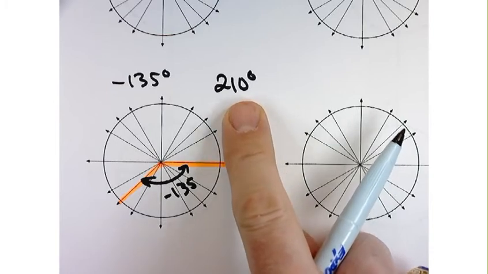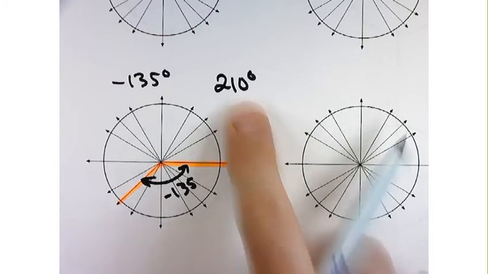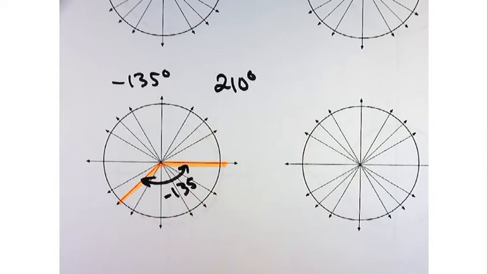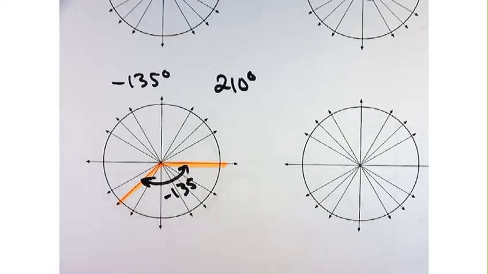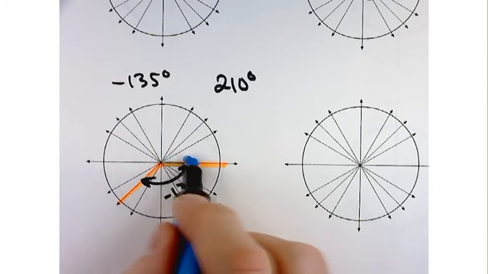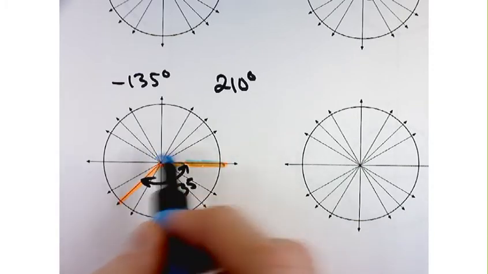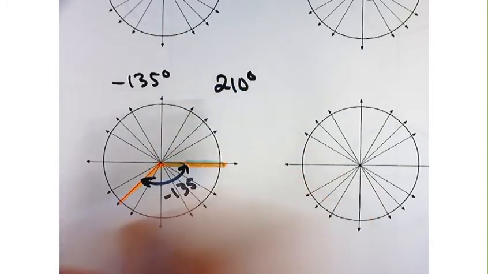One of the angles you're going to pass on the way to get to 210 is 180 degrees. What's special about 180 degrees? Yeah, it's halfway around the circle, right? So if you go halfway around the circle, starting out here, halfway around the circle is going to put you right here. But halfway around the circle is not quite far enough.